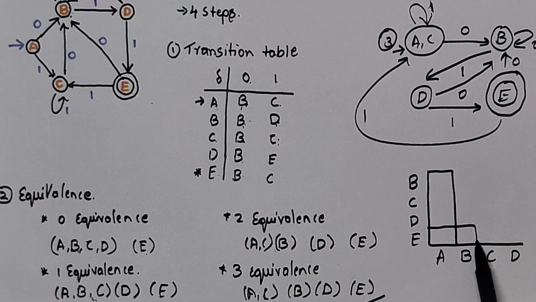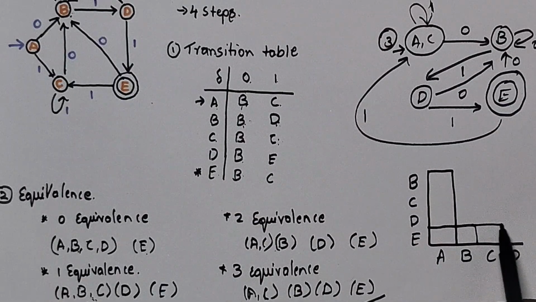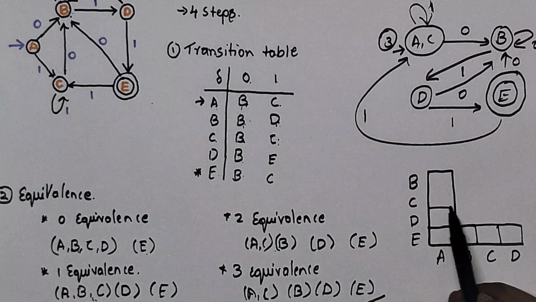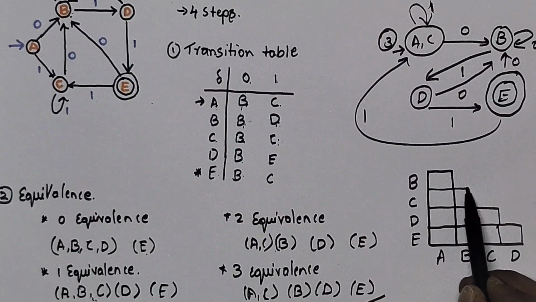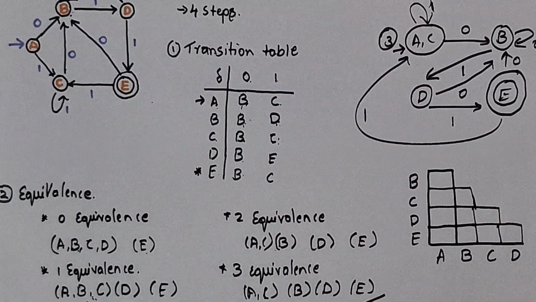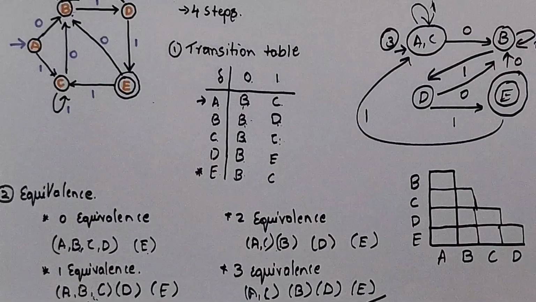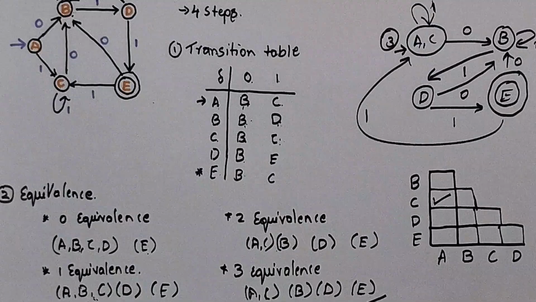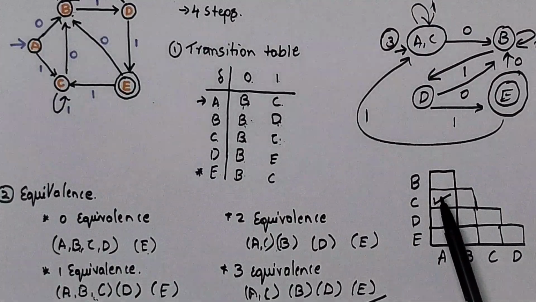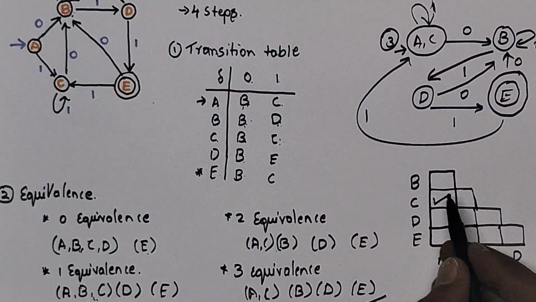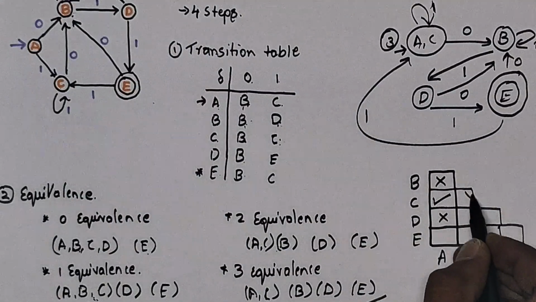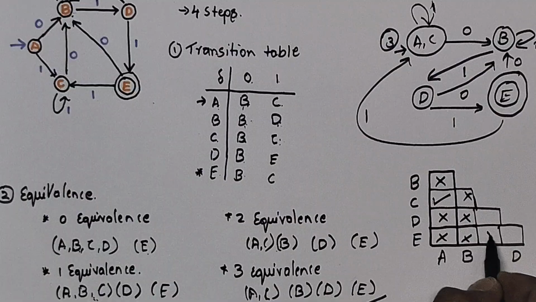So write like this. Now if you see the equivalence, A and C were grouped together, so we put a tick mark, and for all others you can put a cross mark or leave as it is.